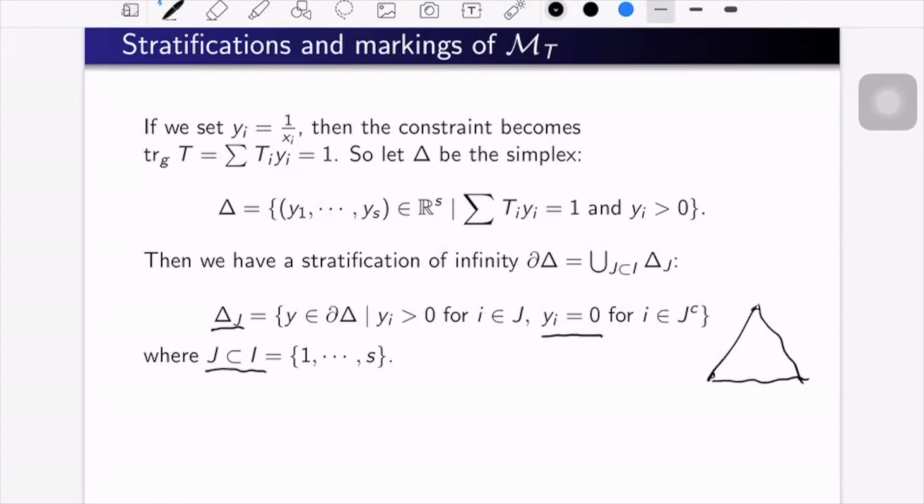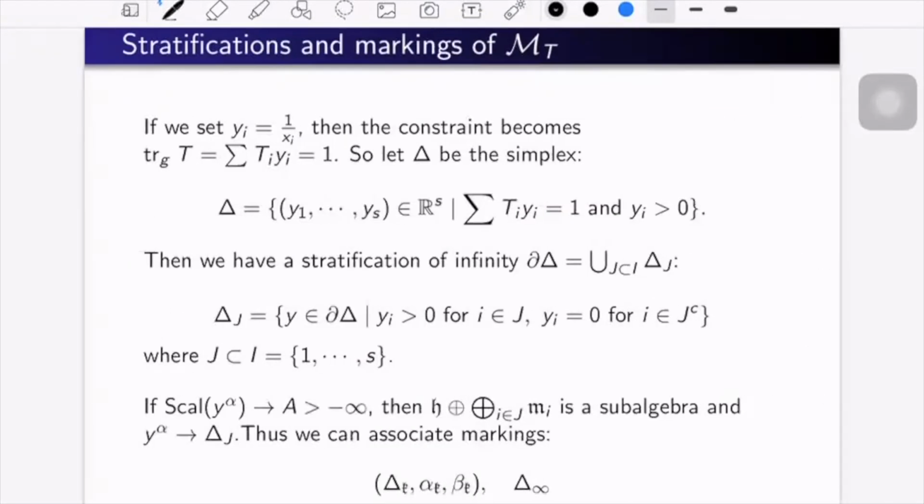And now the important observation is that this has a marking. So remember, the subgroups are important. So how do the subgroups enter in this picture, in this simplex? They enter in terms of a certain kind of marking. One proves the following, which is one of the first things one proves, and is very important. Assume the scalar curvature does not go to infinity, so it's bounded from below by some positive or negative number. That means that you will recognize a subalgebra.